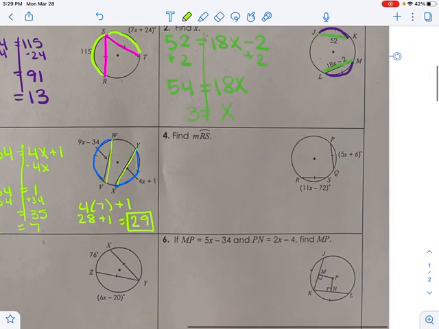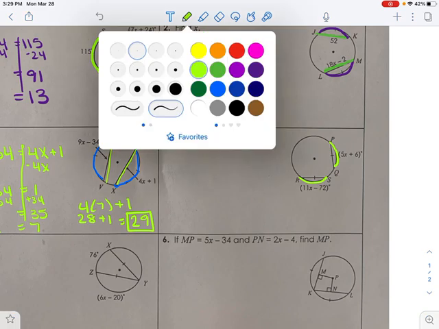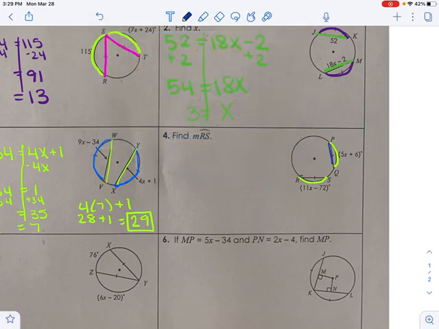Okay. Again, arcs are labeled, chords are marked, so we can set them equal to each other.